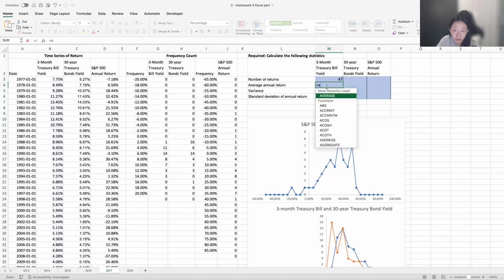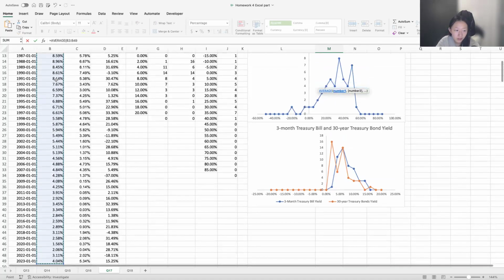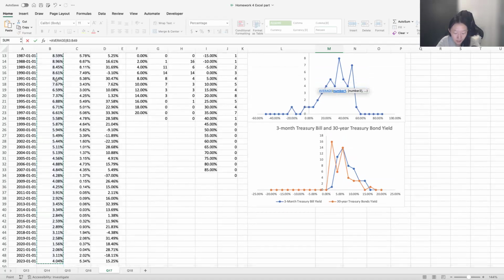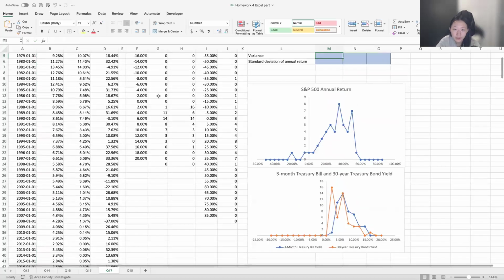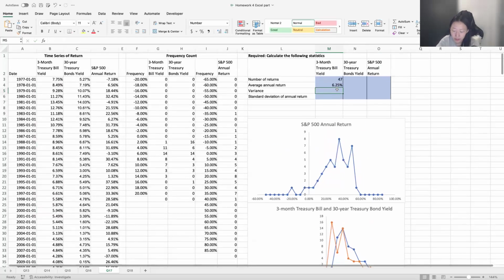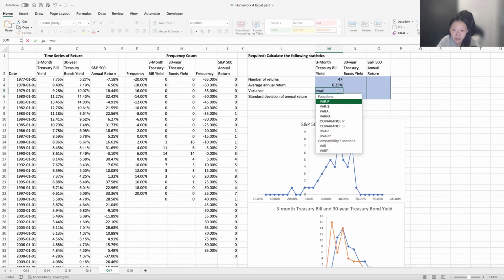Average return will be taking the average. So I'm hitting Control Shift and a downward arrow here. If you're using Mac, hit Command Shift and the arrow that is pointing downward, and enter. Then variance will be the variance function.